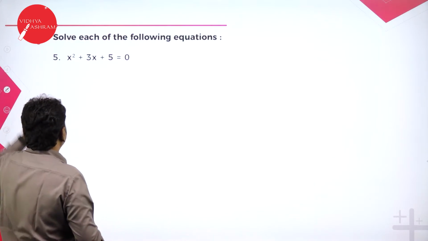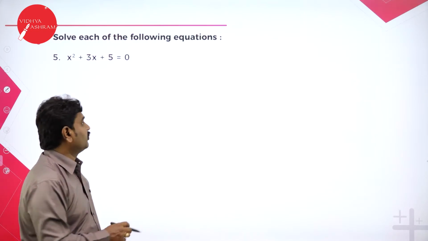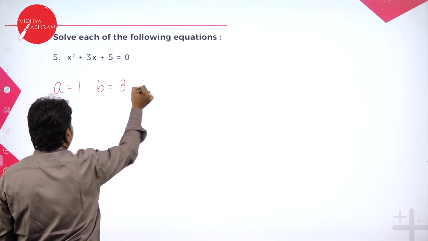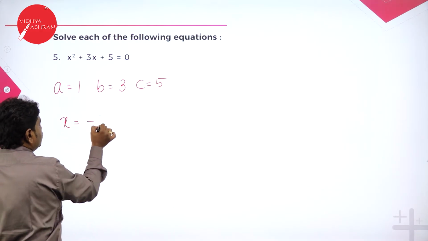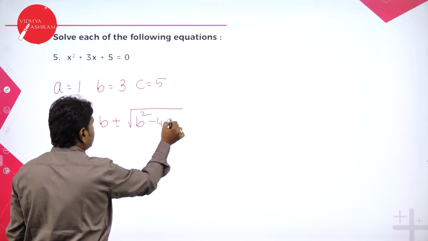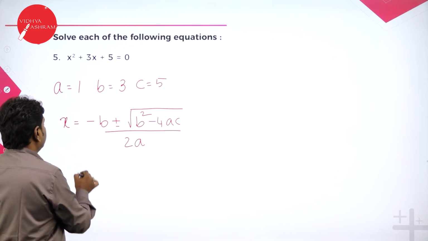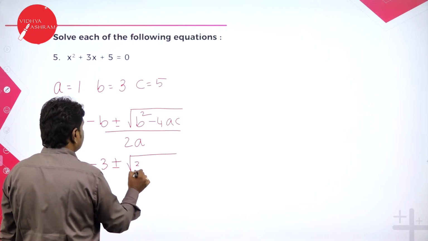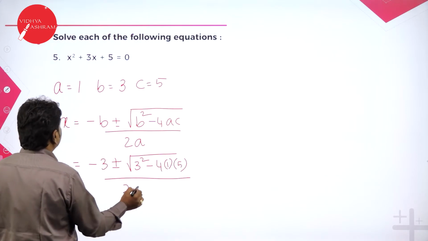Next, x square plus 3x plus 5. Factors for 5, 5 ones are 5. We cannot do middle term factorization. A is 1, b is 3, c is 5. Solve it. So x is what? Minus b plus or minus root of b square minus 4ac by 2a. These are all direct problems of the exercise. Solve each problem, substitute. Minus 3 plus or minus root of 3 square minus 4ac divided by 2a. 2 into 1.